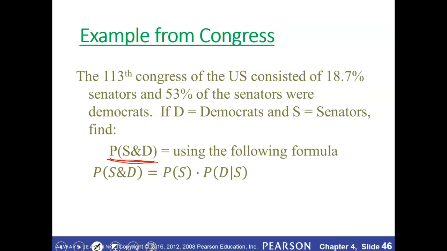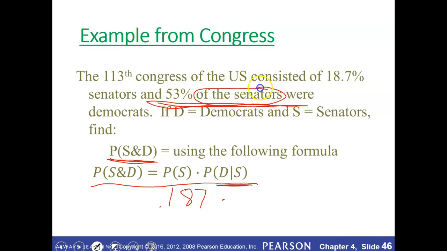Here's our equation. The probability that they are a senator first is going to be 0.187. And then the probability that they are a Democrat, given that they're a senator, is 53% of the senators. That's the denominator, which means it's a conditional probability because we're only talking about the senators.